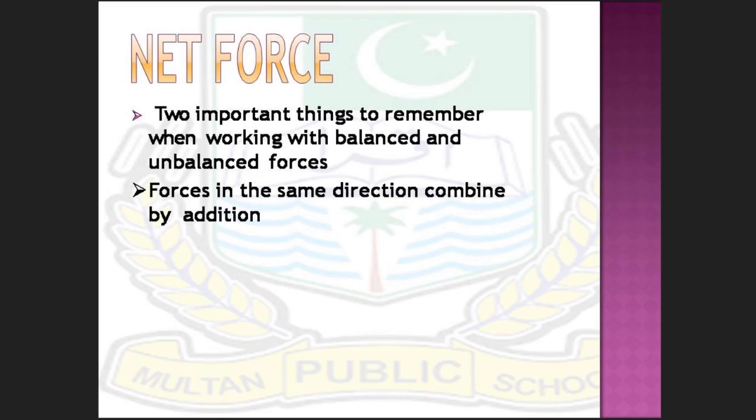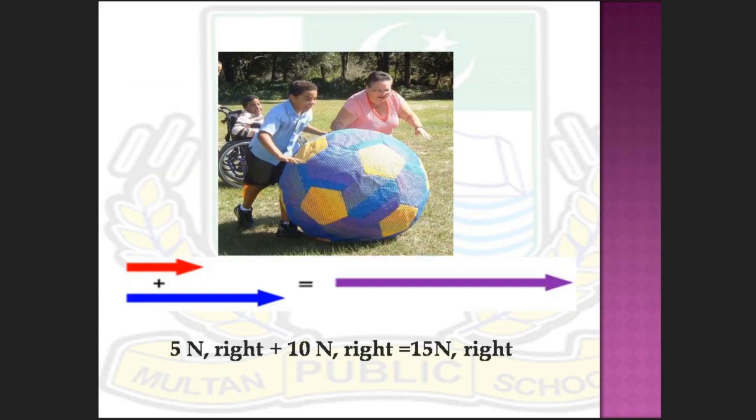Now students, two important things to remember when working with balanced and unbalanced forces. Number one, forces in the same direction combine by addition. For example, there are two forces acting on it, like 5 Newton on right side plus 10 Newton again on right side.